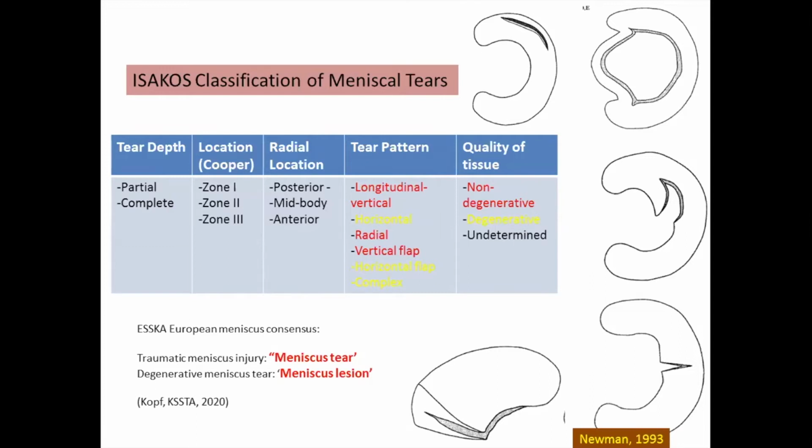So the acute tears, the traumatic tears with which the younger patients come, these can be seen as meniscus tears, and the degenerative meniscus tears would be meniscus lesions. And logically, when we are trying to decide what to do with the meniscal tissue that is torn, the degenerative meniscal tissues will not be very much amenable to repair or to preserve.